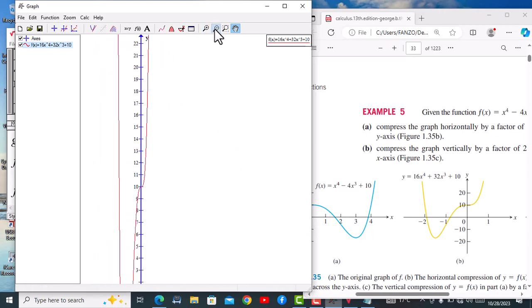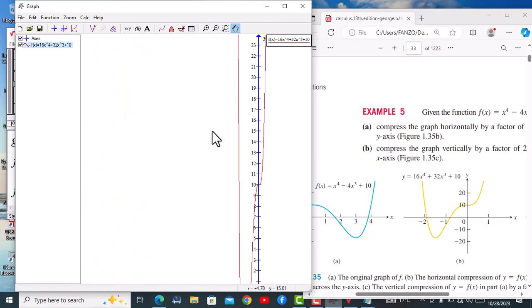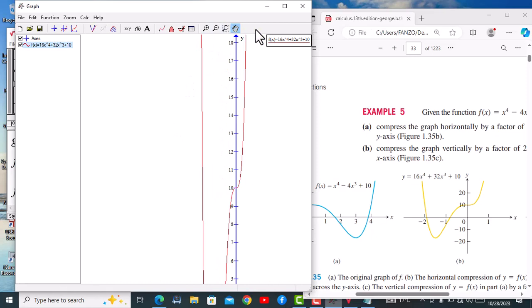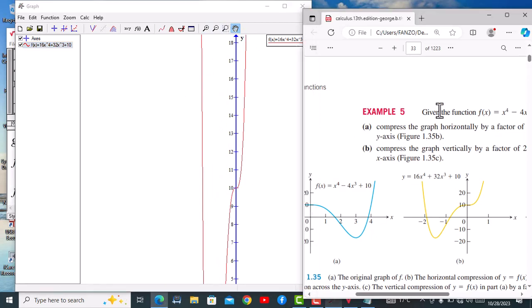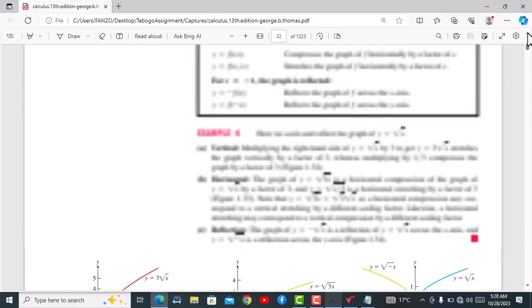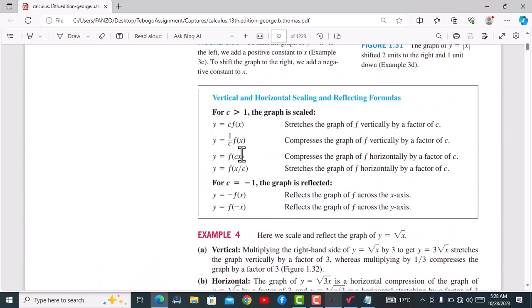So what we want to do in this function that we have is to compress horizontally by a factor of 2. We want to compress this function by a factor of 2 and reflect across the y-axis.